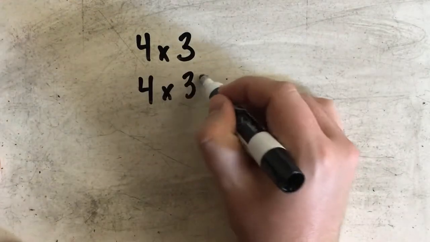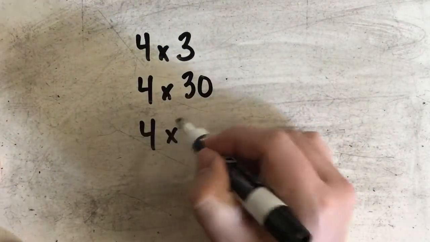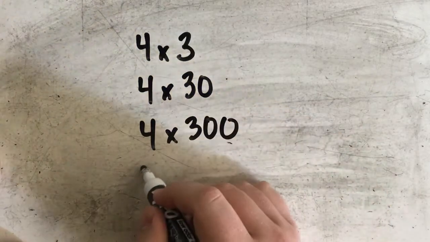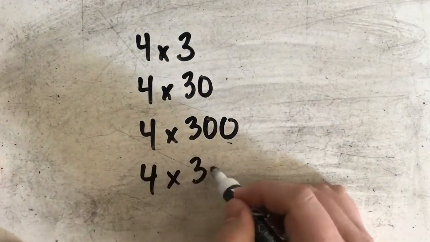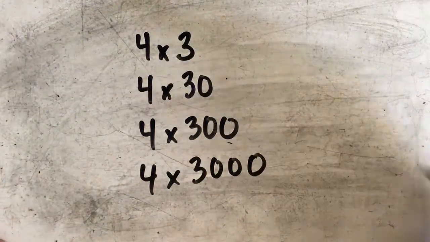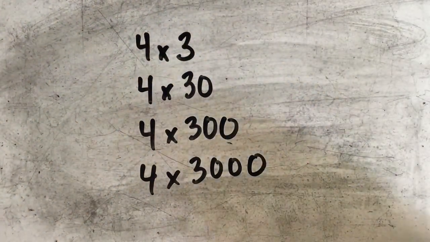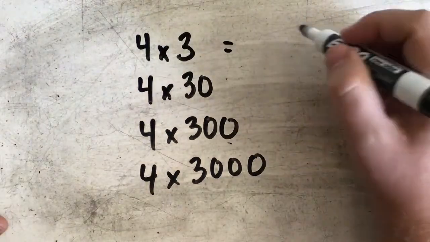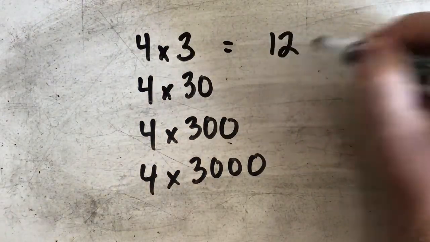So in this example, we're going to do 4 times 3 and multiples of 3: 3,000, 300, and 30. I know that my basic fact of 4 times 3 is 12.